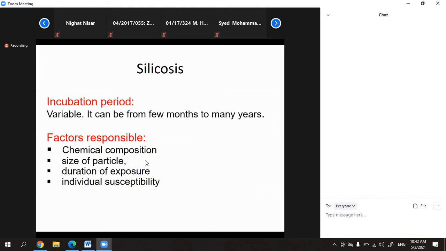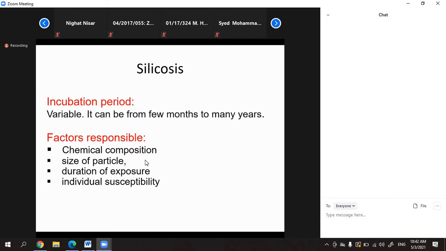If an individual has not gone through a pre-employment examination or the worker is not enrolled for this occupation, then there might be an individual having some risk before entering into the occupation.